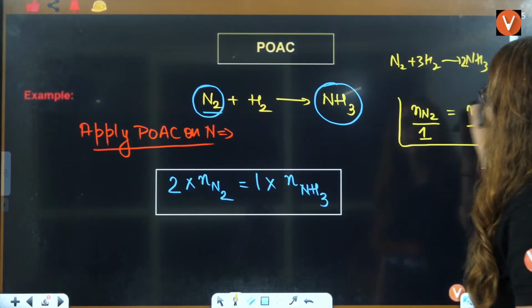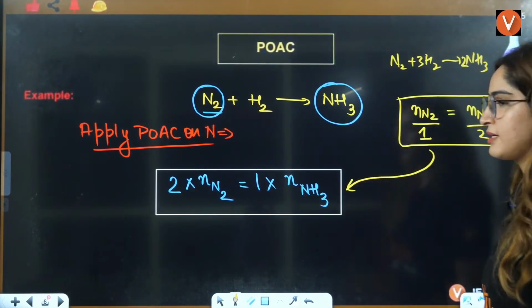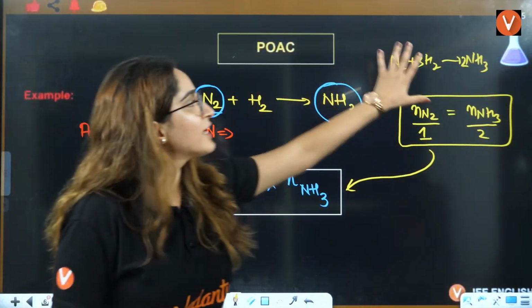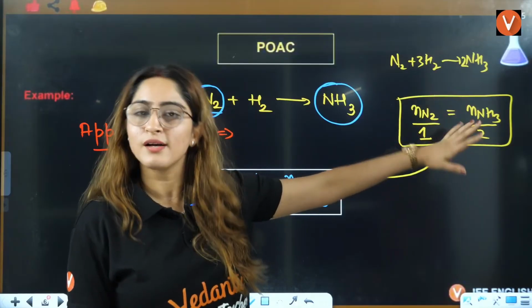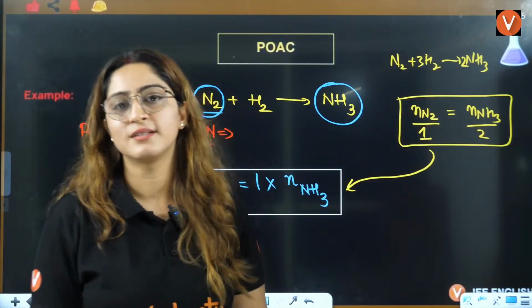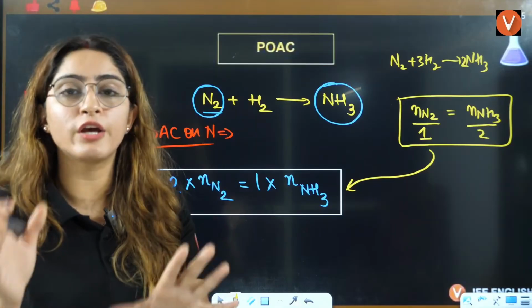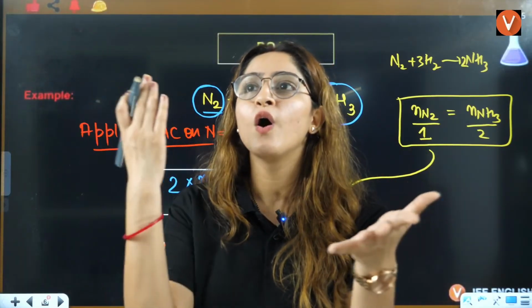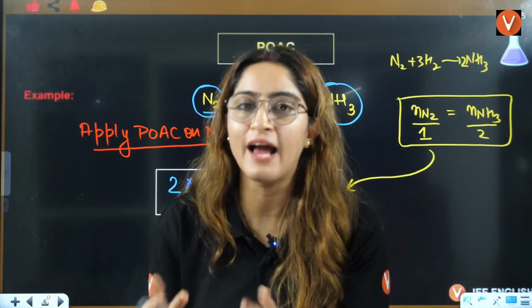Isn't it the same result that you are getting here? So, it's not that this method is wrong. This method is absolutely right. But I will give you some questions in which you will not be able to balance the reaction at all.